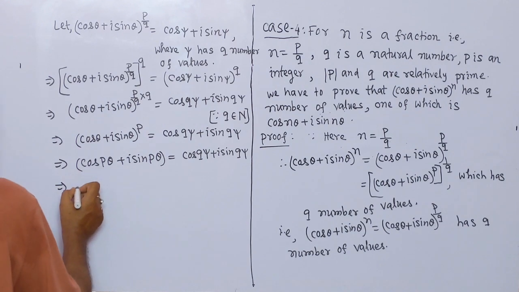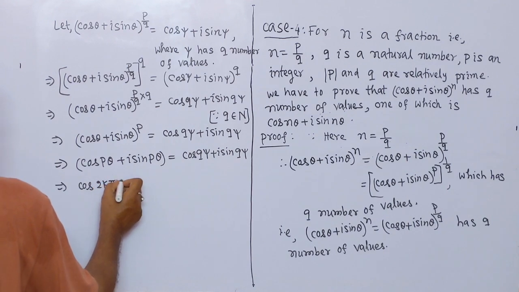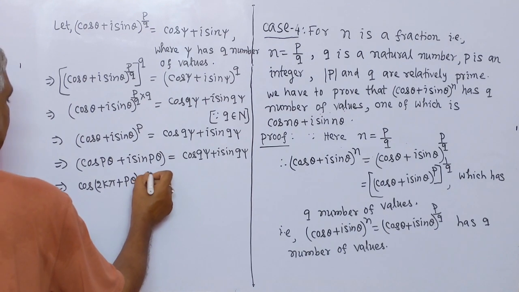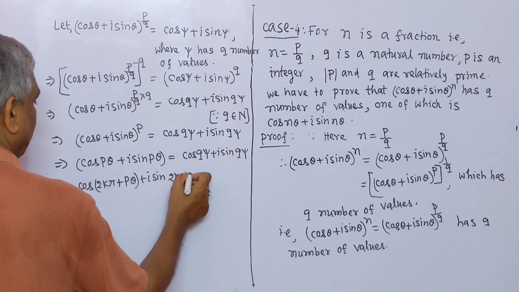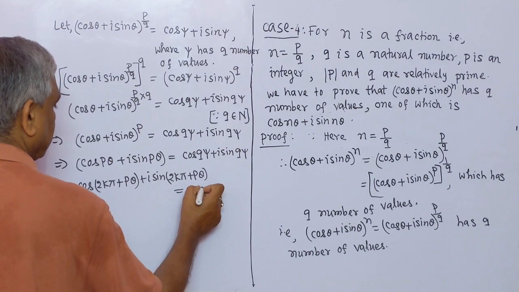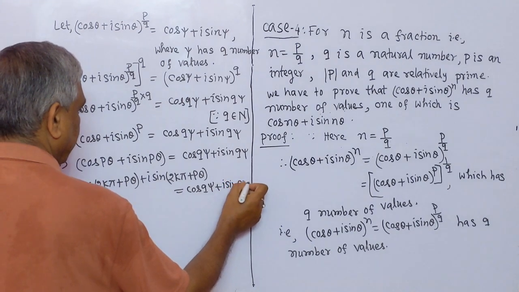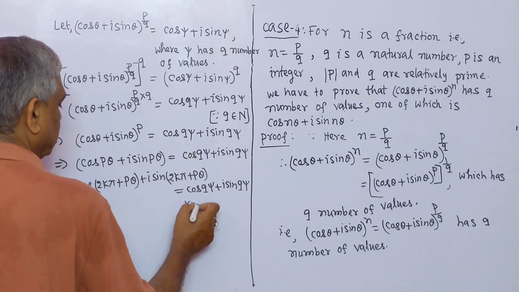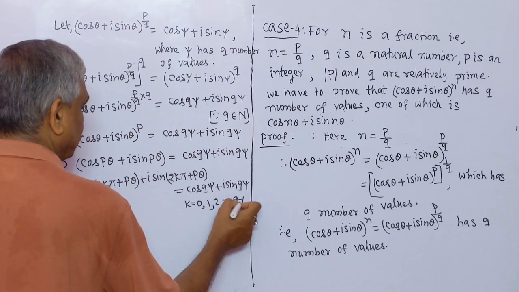We may write the left side as cos of (2k pi plus p theta) plus i sin of (2k pi plus p theta). Right side will be cos q psi plus i sin q psi. Here k equals 0, 1, 2, up to q minus 1.